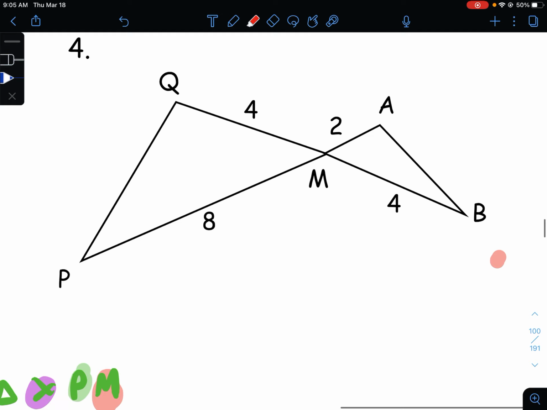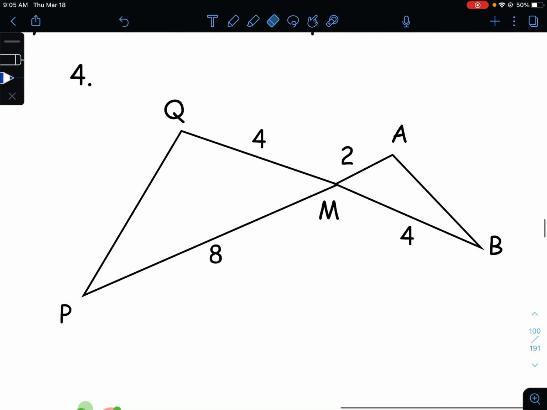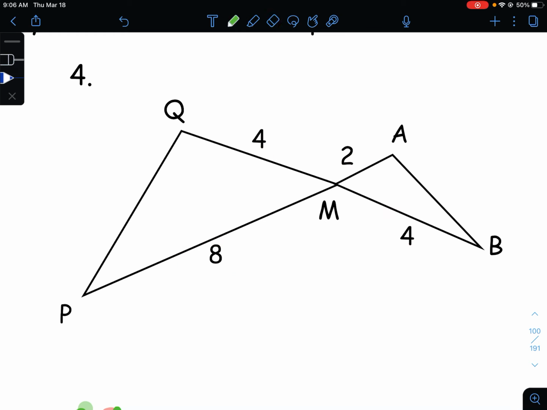All right. So let's go ahead. We're taking a look here. Now, if we're looking at this pair of triangles here, we actually only are given two sides, right? We're given this pair of sides and we're given this pair of sides, right? So there's no postulate called side, so we need to see if we can do side angle side or something along those lines.